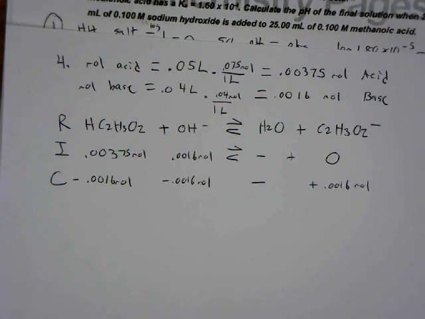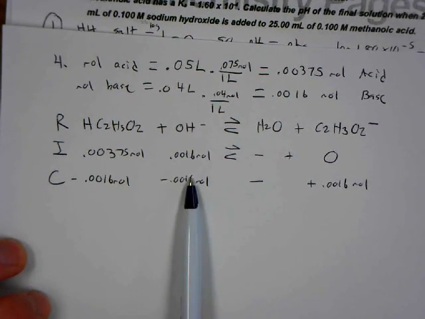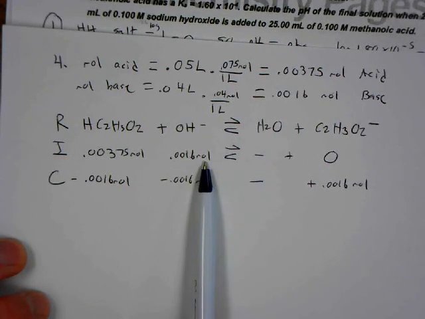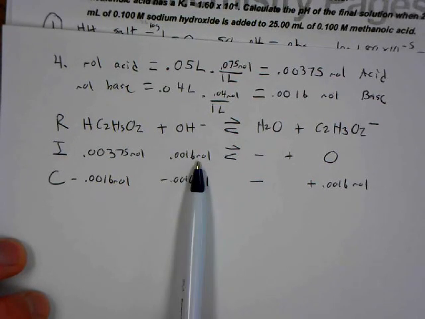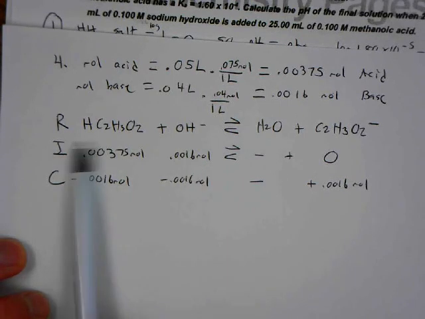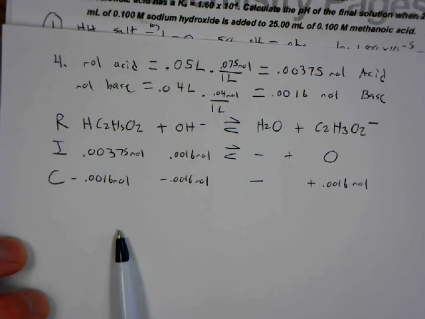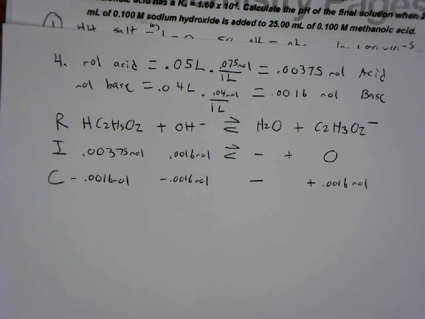This is why you can't do molar, because it won't work. You need a quantity. Water's still not part of this. Plus 0.0016 moles. This actually makes sense now. I know that I'm using up the OH, so the OH is gone.